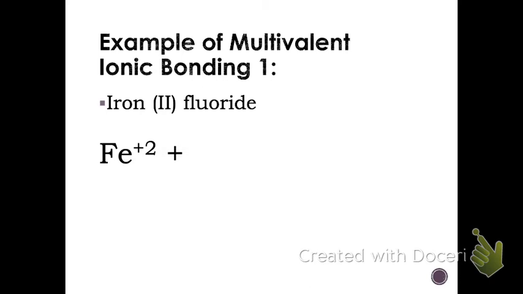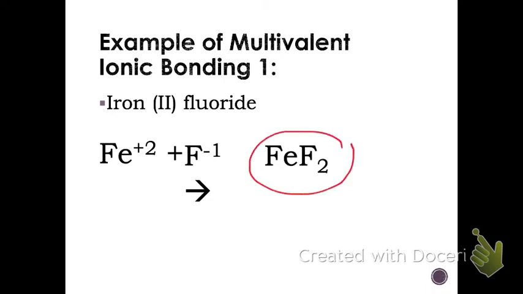We know fluoride is in column 17, so it has a -1 charge. So then when we write our formula, we need to make sure that our charges cancel. So we need 1 iron and 2 fluorine. So this is our formula for iron 2 fluoride. So 1 iron, 2.